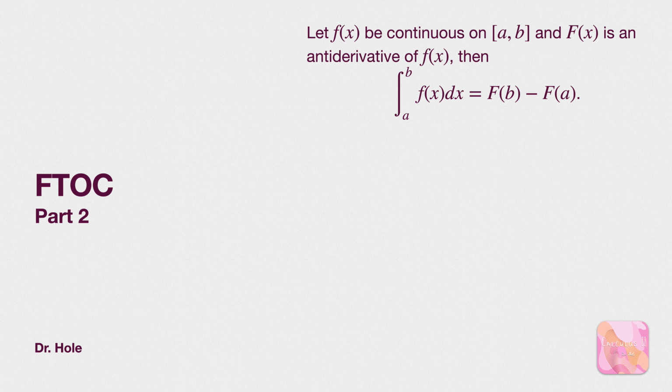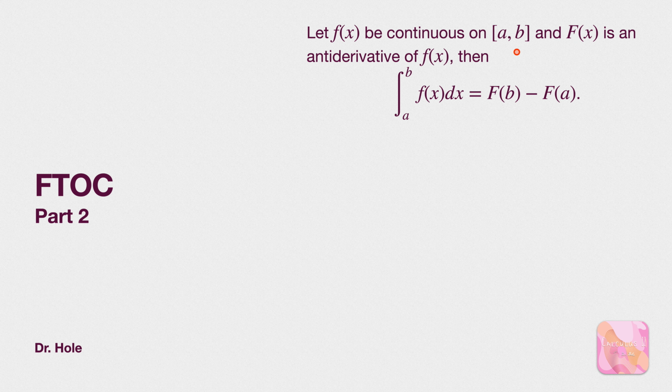Okay, the statement of FTOC part 2. We make the assumption that f is a continuous function on a closed interval, a to b, and that capital F is an antiderivative for little f. We know that we can do this by FTOC part 1. Every continuous function has an antiderivative.